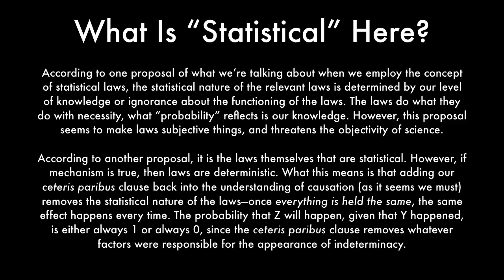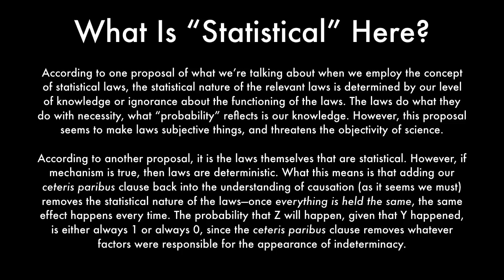Once everything is held the same, the effect happens every time given the same cause. The probability that z will happen given that y happened is always either 1 or 0, since the Ceteris Paribus clause removes whatever factors were responsible for the apparent indeterminacy.